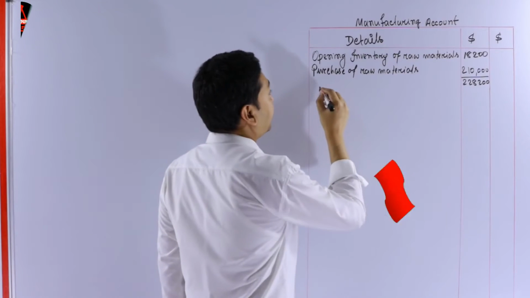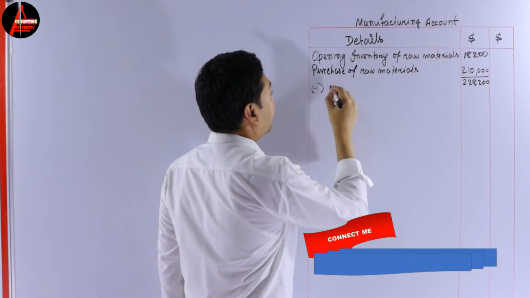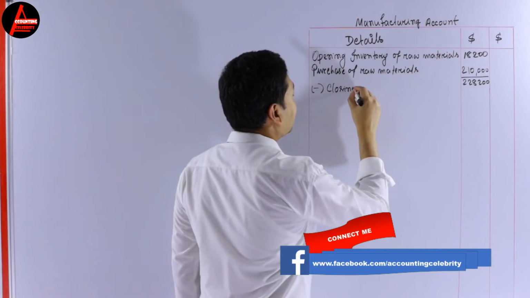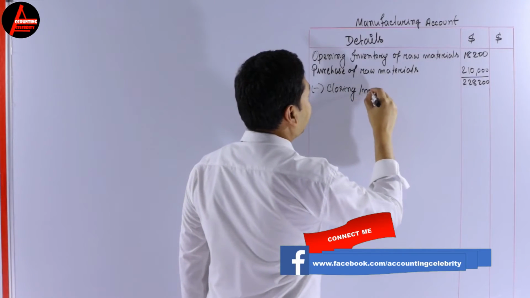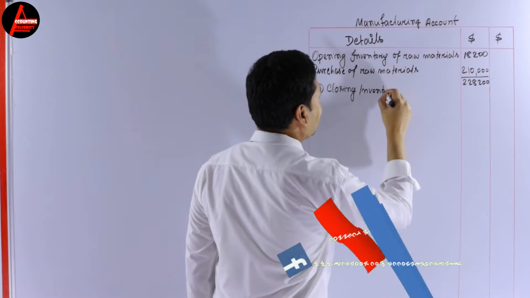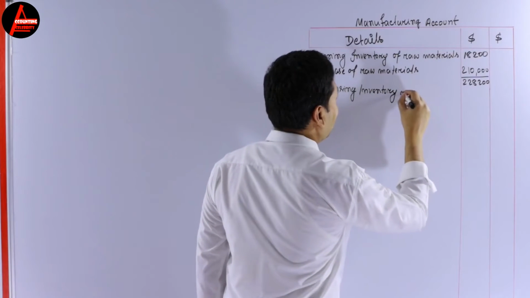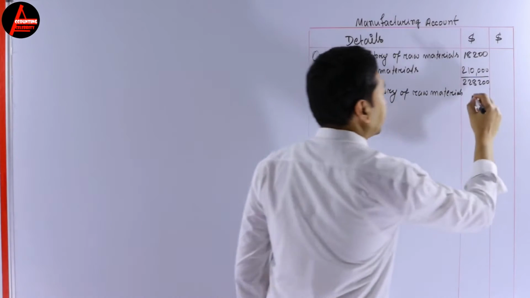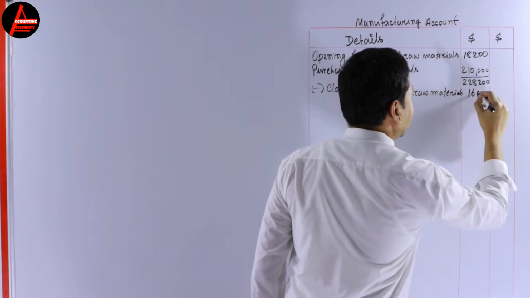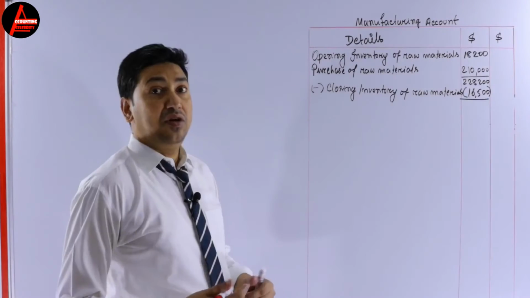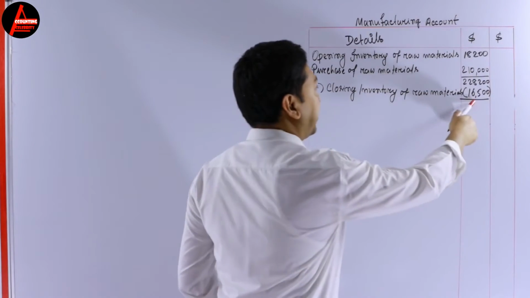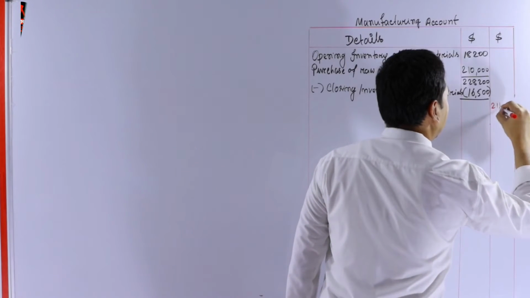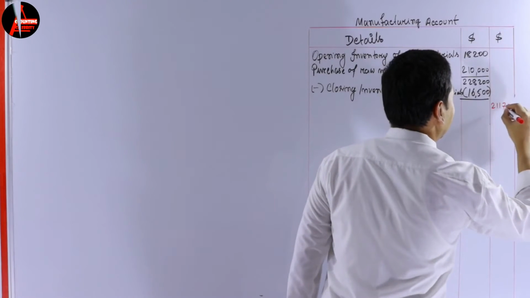So let us write here minus or less, whatever you prefer, closing inventory of raw materials, $16,500. Now if we subtract this value from here, our answer is $211,700.